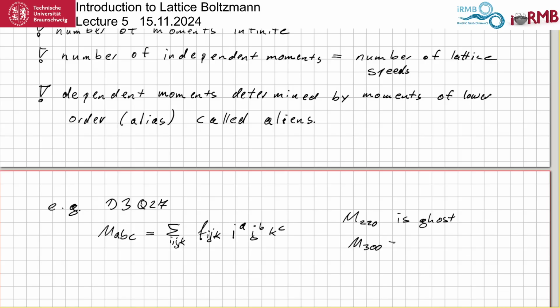M33, so this here, because we have speeds only -1, 0, +1, is equal to this one, and this is therefore an alien.